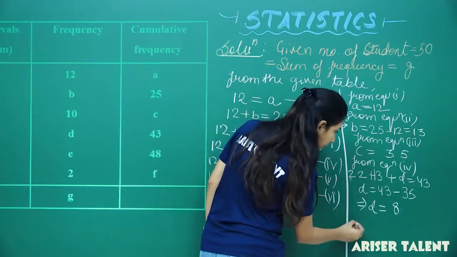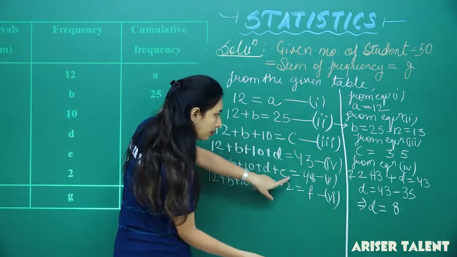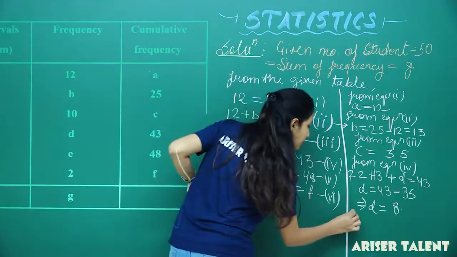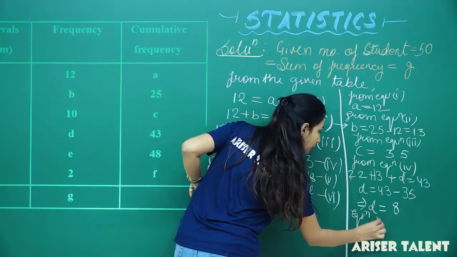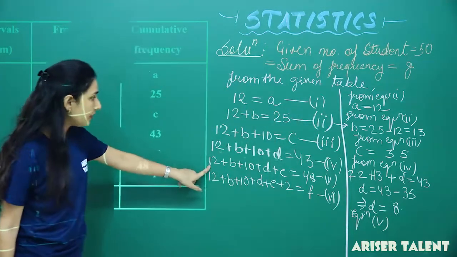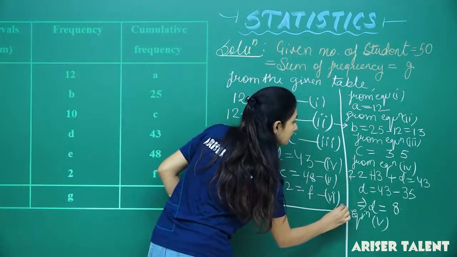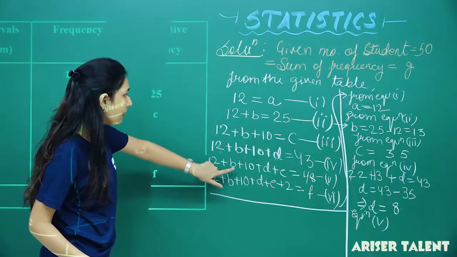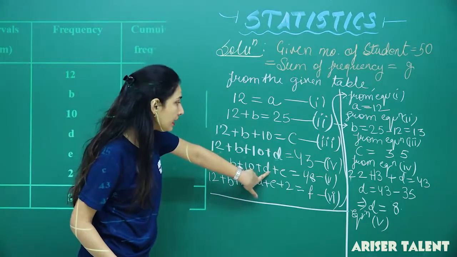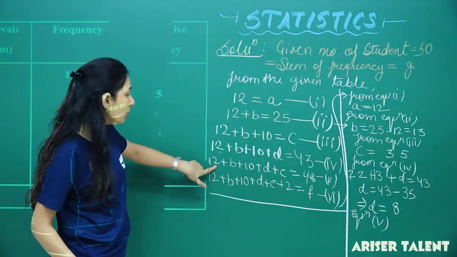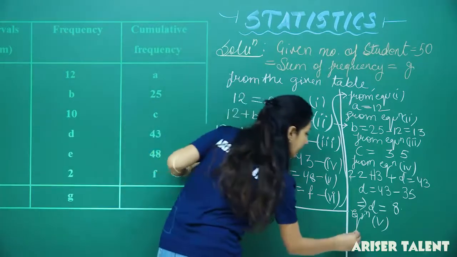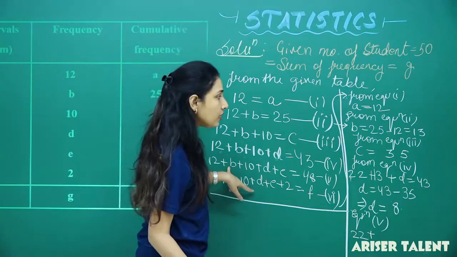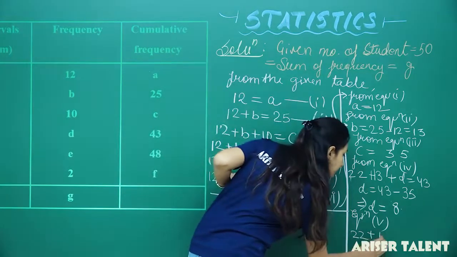Okay. Now, you are having this equation number 4th is okay. Now, you are having this equation 5th. From equation number 5th, you are having the value of B here and the value of D here. So, you have to find out the value of E. So, this is 12 plus 10, that is 22 again, plus the value of B. Value of B is what, student? Value of B is 13.